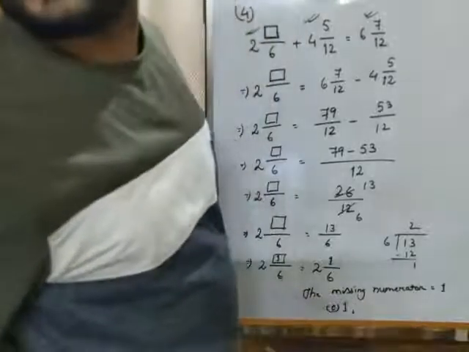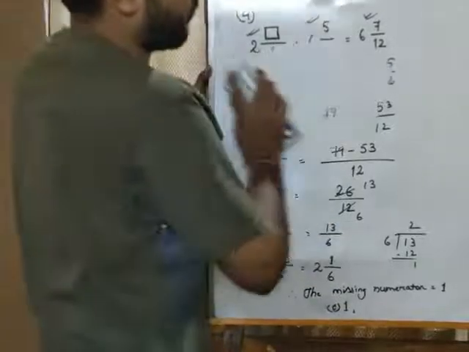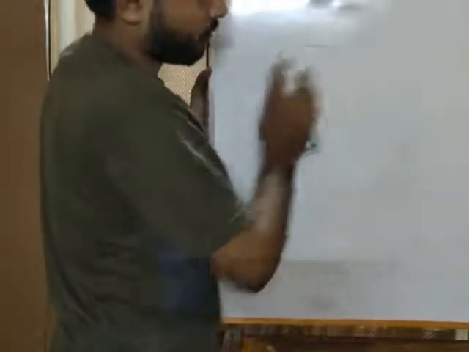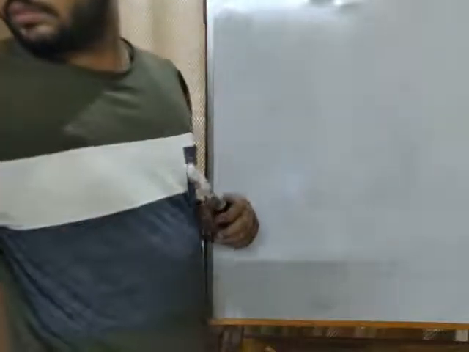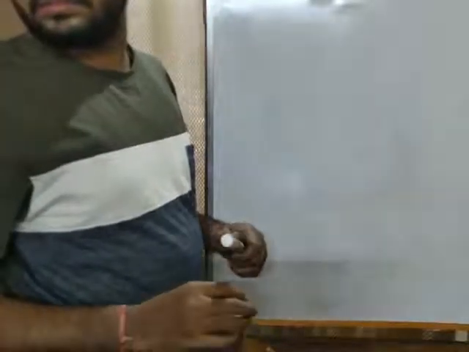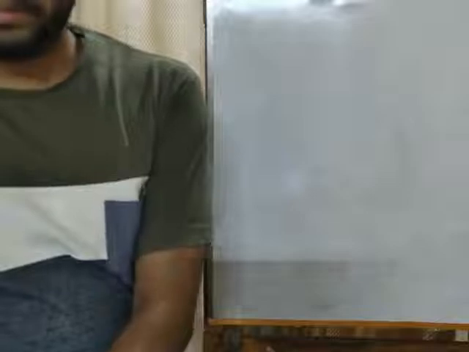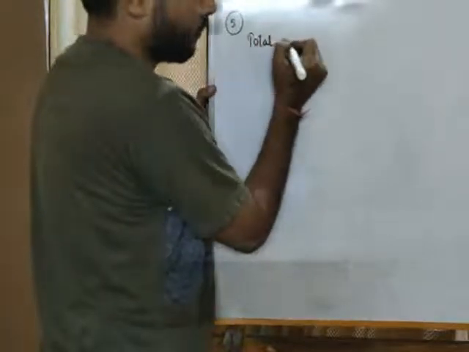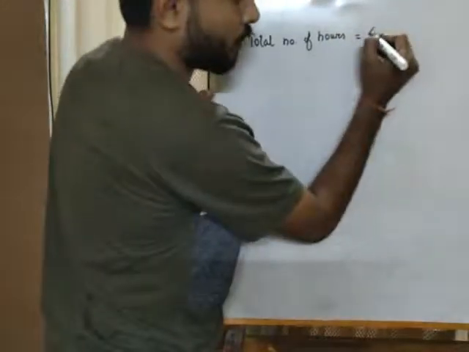So we'll be writing total number of hours he needs to work is 45 hours.